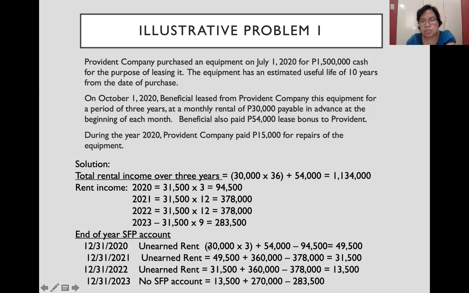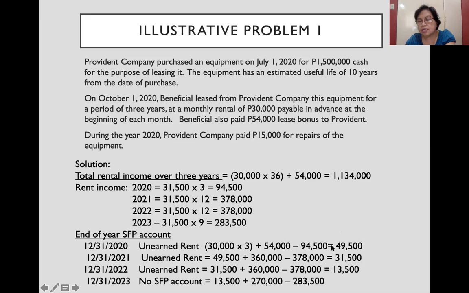So collection in 2020 will be 30,000 from October 1 to December 31 plus the lease bonus that has been provided by the lessee at inception, 54,000, minus the rental income of 94,500. Therefore, accumulated collections exceed the total rent income for the year by 49,500.